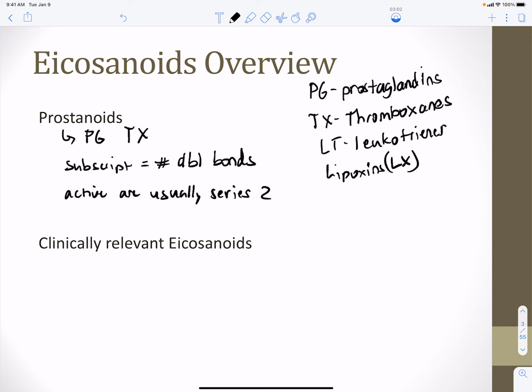So here are some clinically relevant ones. We have prostaglandin E2, which is known as dinoprostone. We'll have a slide about dinoprostone and its functions, but this is going to be a mediator of inflammation, and it can be both pro- and anti-inflammatory.